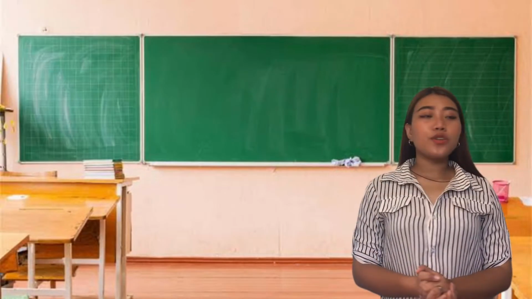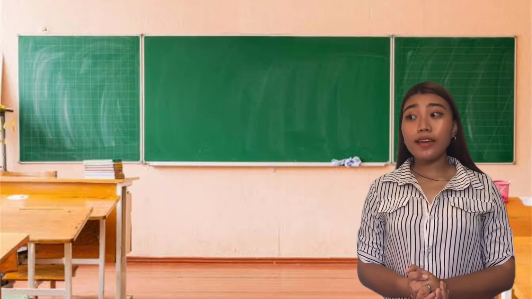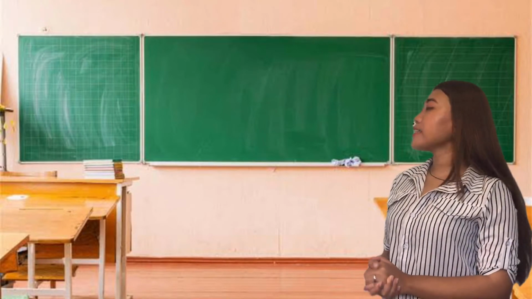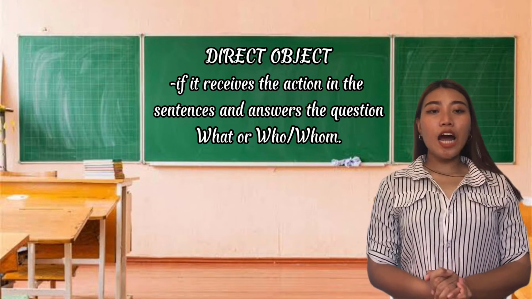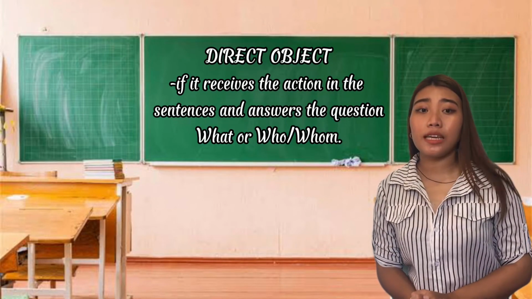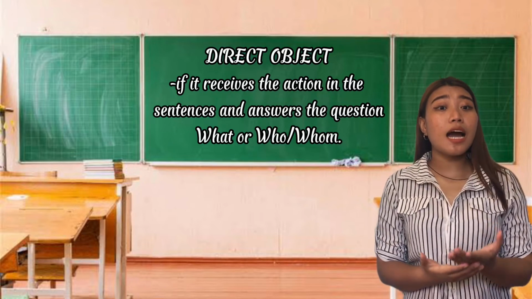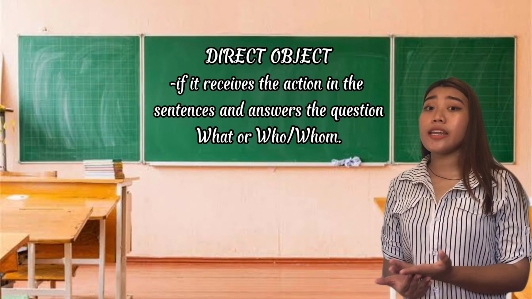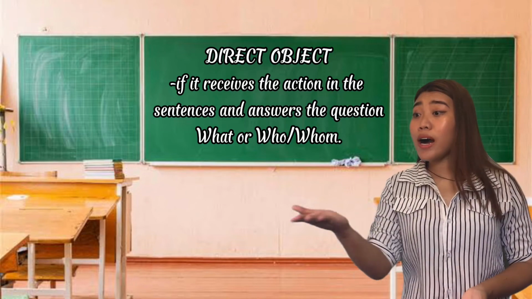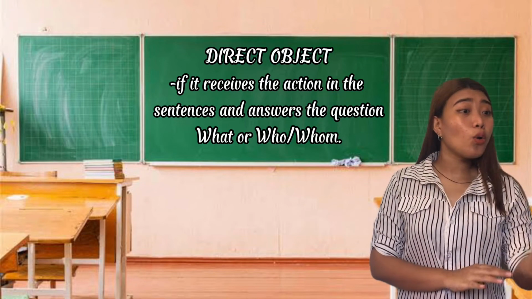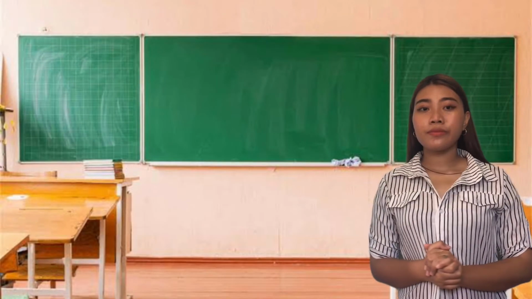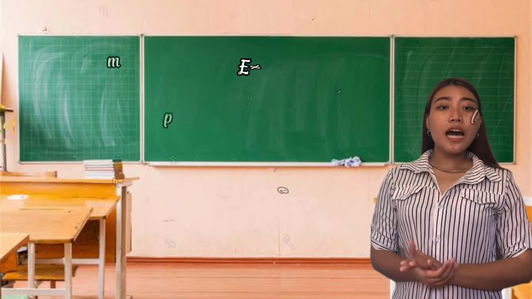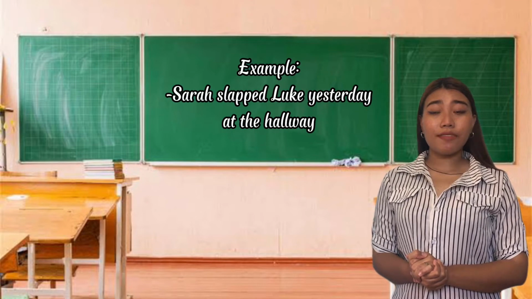Okay, class. So let's proceed to the next one, which is the direct object. A noun functions as a direct object if it receives the action in the sentence and answers the questions what, who, and whom. So, for example, Sarah slapped Luke yesterday at the hallway.